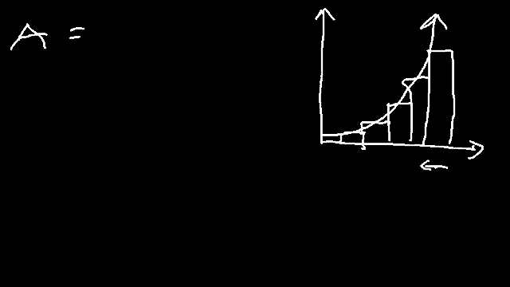Delta x represents the width of the rectangle, and f of x represents the height of the rectangle. So the area of the rectangle is basically delta x times f of x. And if you find the area of each rectangle, you can approximate the area under the curve. So the midpoint rule can help you to do just that.